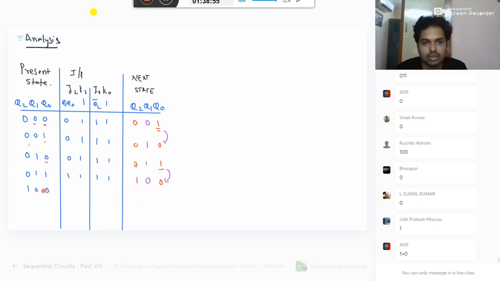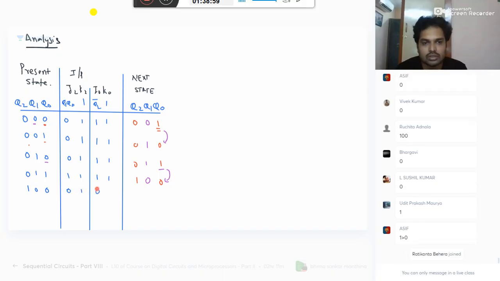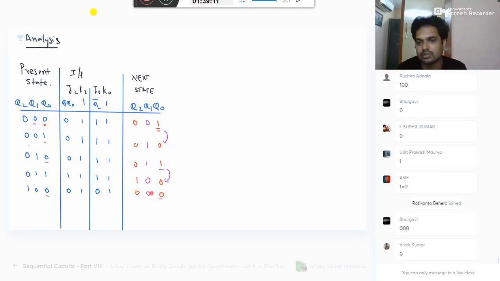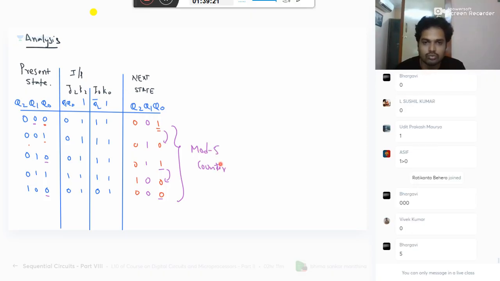Now Q1 into Q0 is 0, 1. Q2 bar is 0, 1. So what will you get here? The flip-flop output is 0. Did it change from 1 to 0? No, it is the same as present and next. So no change here. You started with 0, 0 and ended with 0, 0. You are able to find it is a mod 5 counter, counting from 0 to 4.